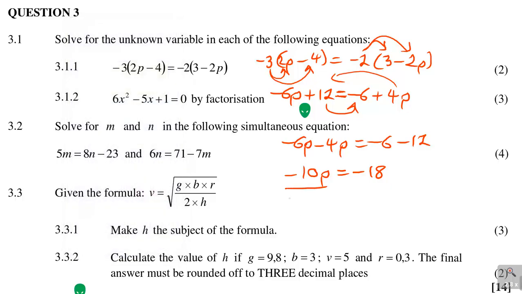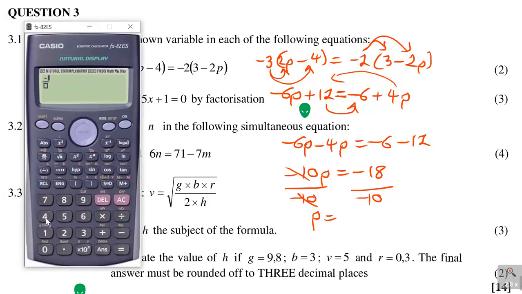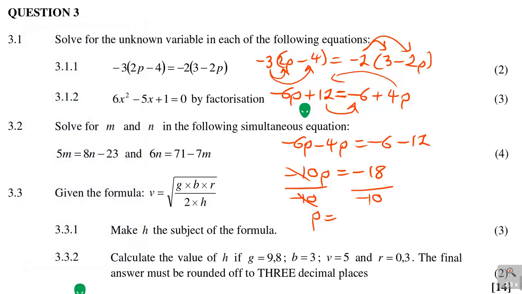Now divide by negative 10 on both sides to remain with p. So I've got p equals negative 18 over negative 10. It is 9 over 5. If you press S-D it is 1,8. So p is equal to 1,8.